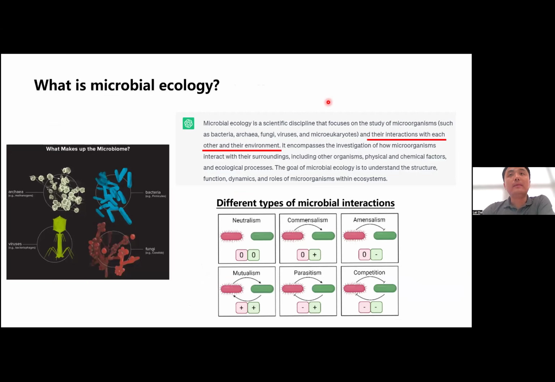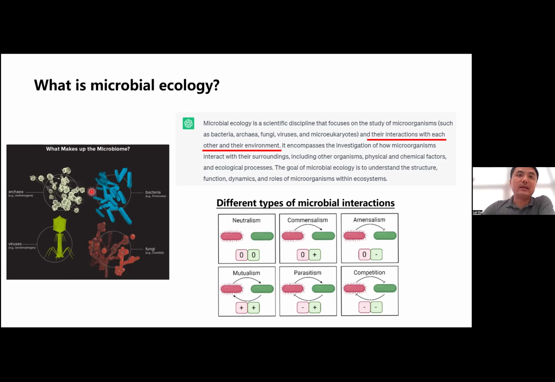Like I mentioned in the beginning, I'm interested in microbial ecology. Just like in physics, where you first ask what the composition of matter is, you look at the atoms and what they are made of. For microbiomes, what are they made of? They're made of different microbial species, and microbiologists classify them into different taxa.